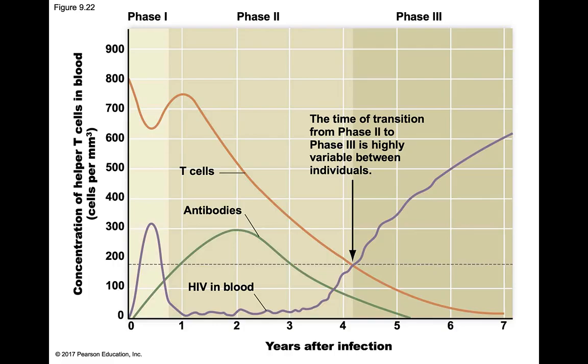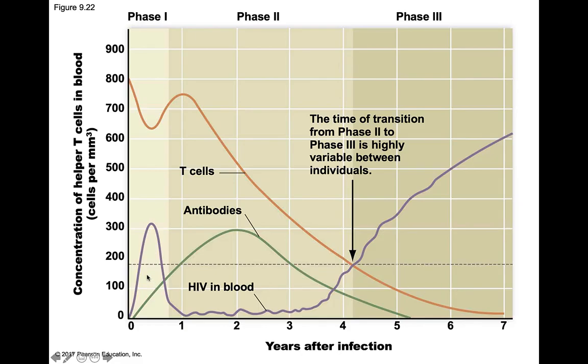Here it talks about the transition in the overall amount of virus that we see. A couple of things I want to point out. We're looking at a timeline in years, and the concentration of helper T cells, and really what we're looking at is that big drop in the T cells, okay?